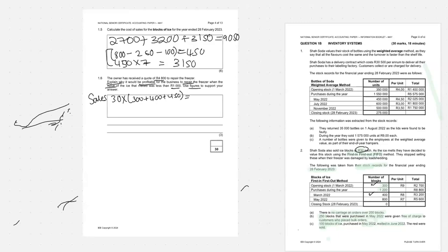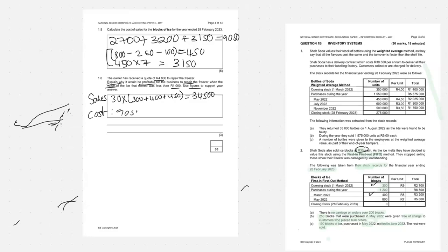And then our costs. What are our costs? Our cost of sales, we calculated that as, no, sorry, it was 9,050. And they're also telling us that to repair our fridge, that will be at a cost of 4,800.